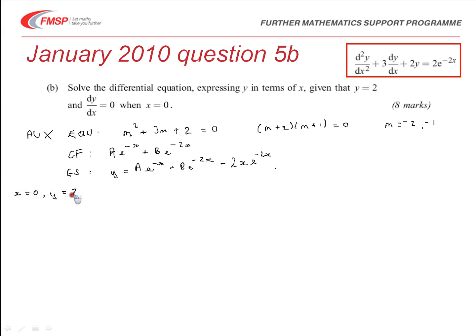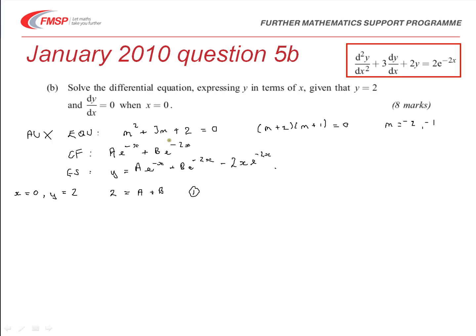We can substitute that into our general solution, remembering that e^0 is 1. That gives us a + b, again e^(-2x) is also 1, and when x is 0, the third part here is just 0. So that gives us our first equation. We know that a + b = 2.